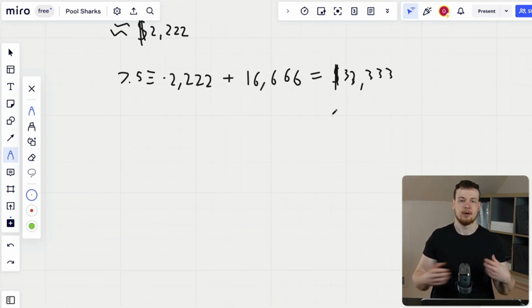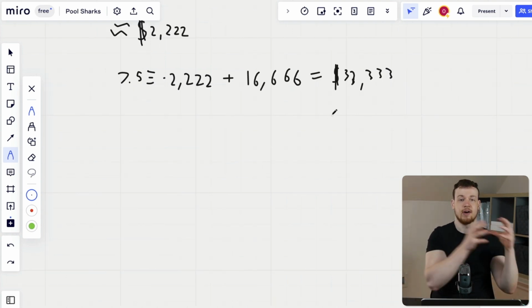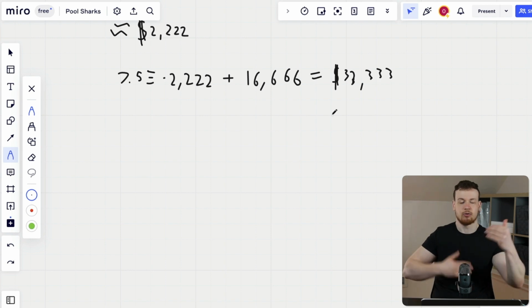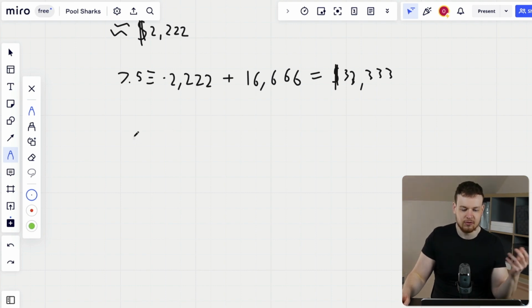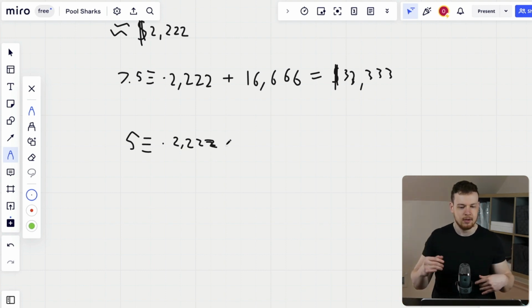And so this is the amount that we get after we provide liquidity, Ether trades in this direction, and then we withdraw. But what if we had just stuck to holding our 5 Ether, which is now, of course, worth 2,222 at the current market rate that this particular market has been arbitraged to, or what have you.